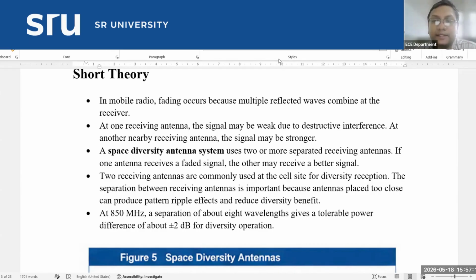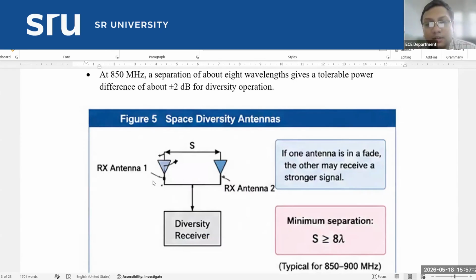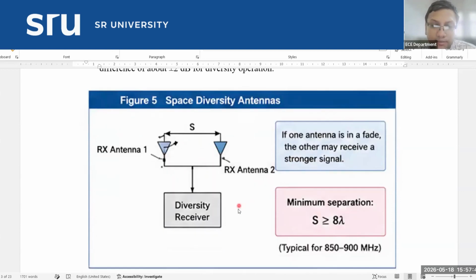Now let us look at the structure. How does it look? Two receiving antennas are there, and they are separated by a distance S. Now, if one antenna is in fade, the other antenna may receive a stronger signal.